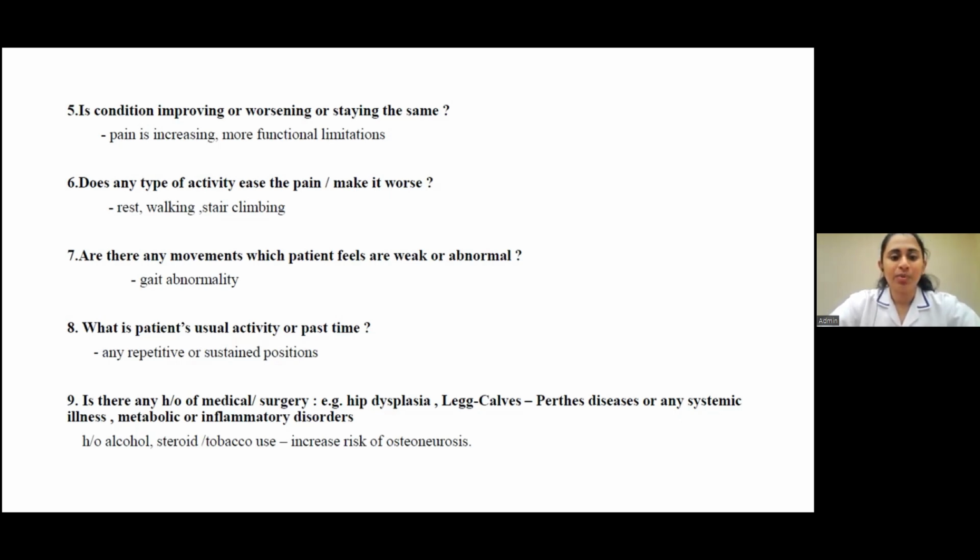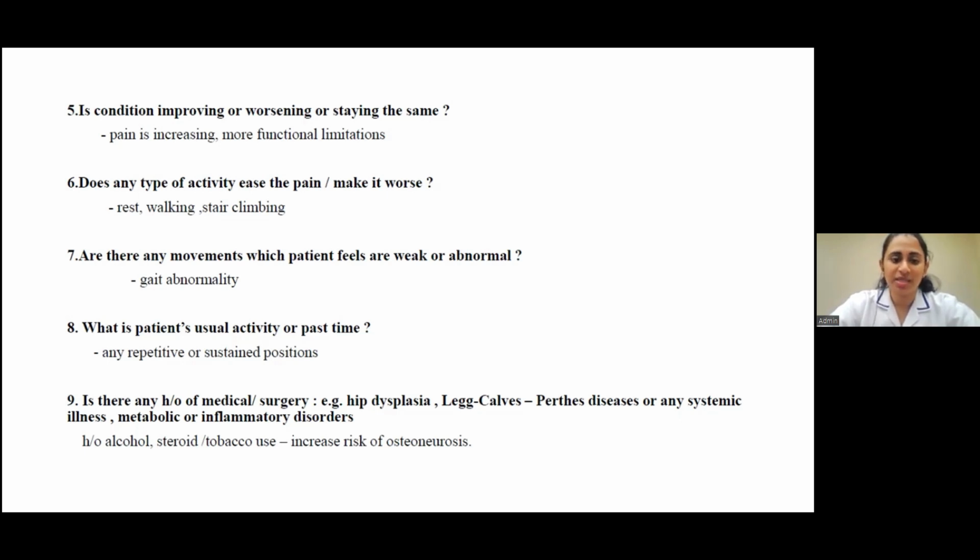then we would want to know if there is any medical or surgical history pertaining to the hip joint specifically. Also, if there has been any systemic illness, metabolic or inflammatory disorders. Also, when we talk about systemic illness, we would want to ask about the type of medications they have been prescribed.